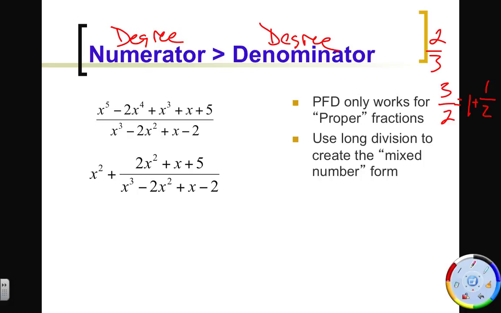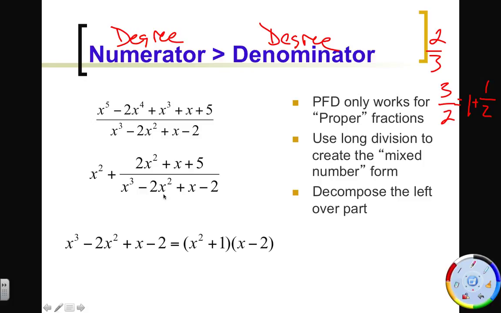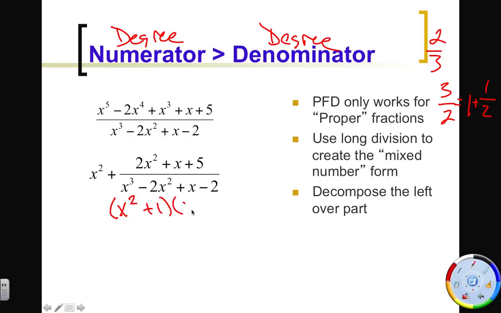And that's what we're going to do in this one. This one, if you did long division, you would notice you would only have an x squared come out. You would divide, get an x squared. And then you would get the proper fraction here. You'll note that this denominator factors, as it just came up there on the bottom: x squared plus 1 times x minus 2. So I would need to decompose. I don't need to deal with this. This goes in my answer.